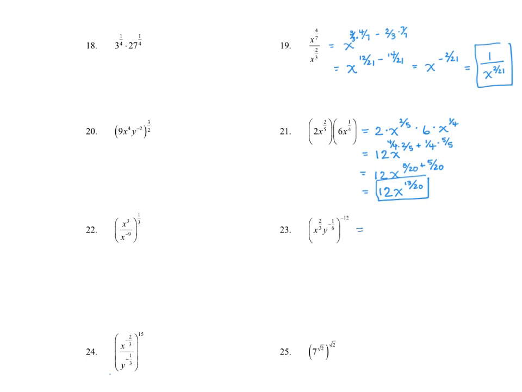So if I raise x to the 2/3 to the -12th and y to the -1/6 to the -12th, I have x to the -24/3, y to the 12/6, which simplifies down to x to the -8 y squared, and now the negative exponent is going to change location.